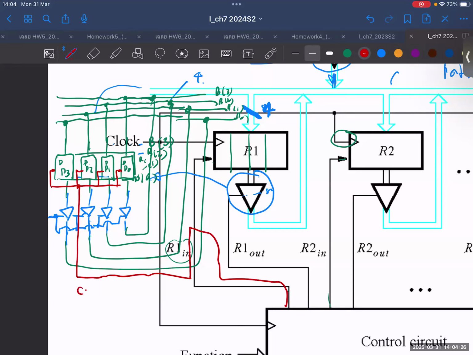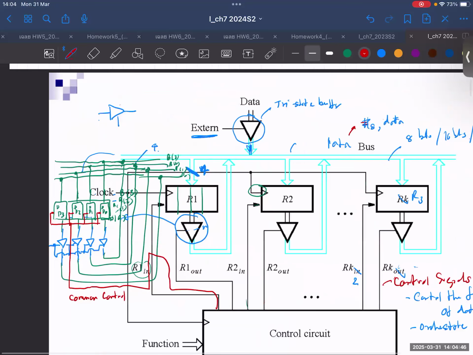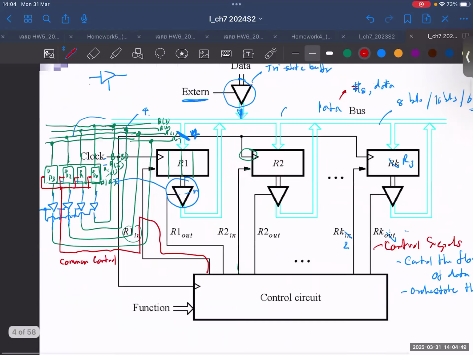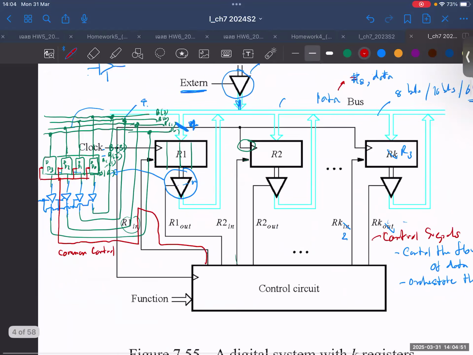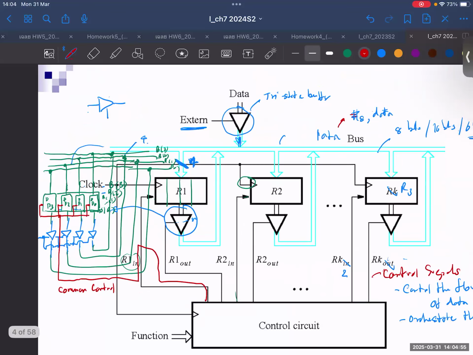We call this type of feature command control, where the control directs everything in the same way or the same manner. Sometimes it's not, but most of the time it will be command control. Except that in some cases it's not, but mostly that's why you should be able to at least identify it. Okay.